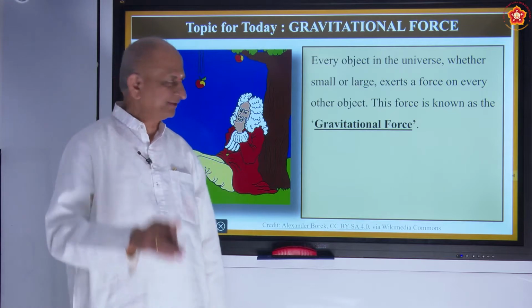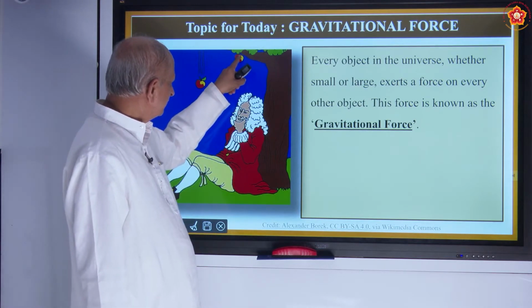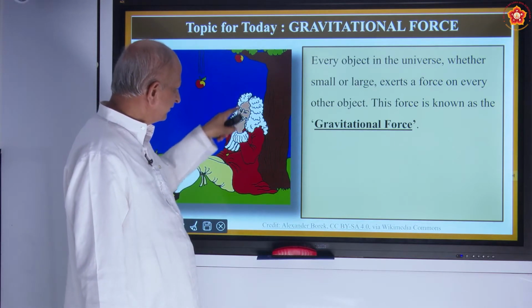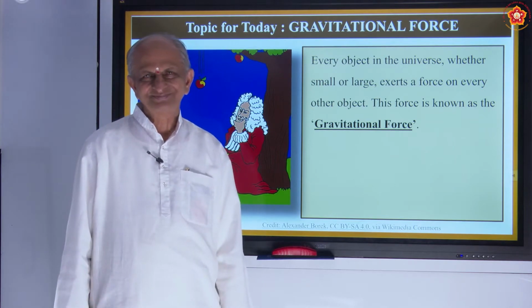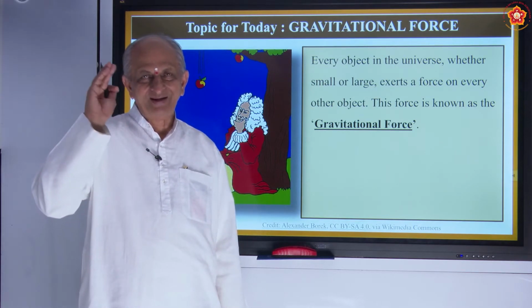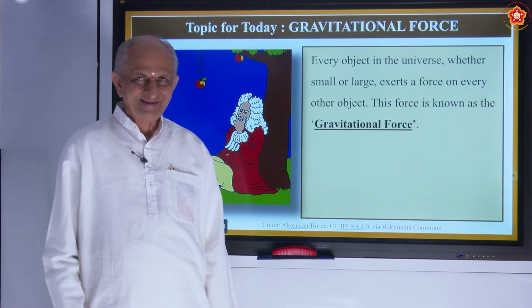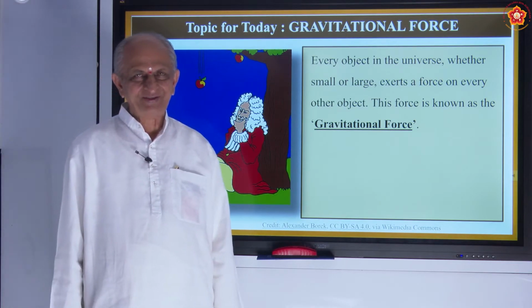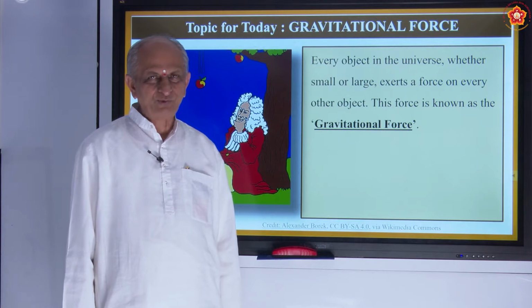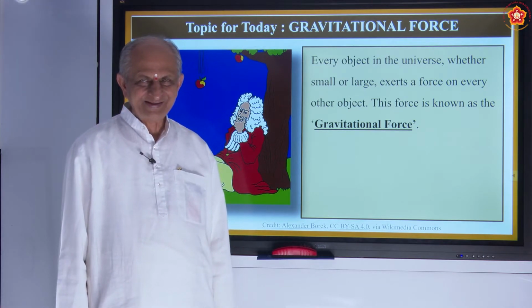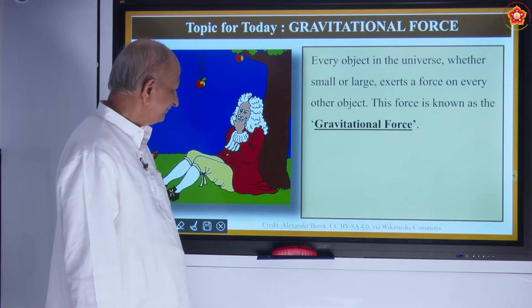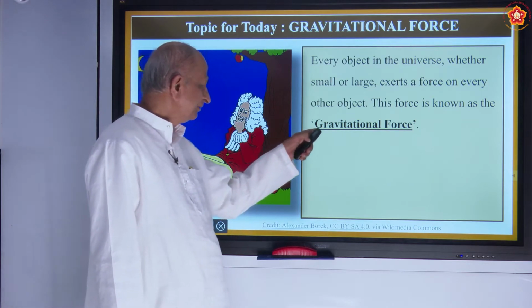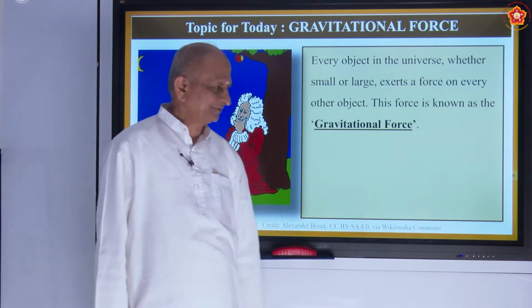To give a simple example of this fruit, when the fruit is ripened, it falls of its own accord. You need not give any bell or tell somebody. Naturally it falls. You might have seen mango season, mango fruits falling. Why does it fall? It is because of gravitational force.